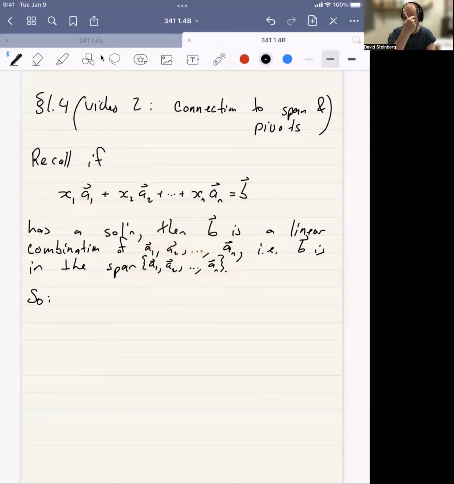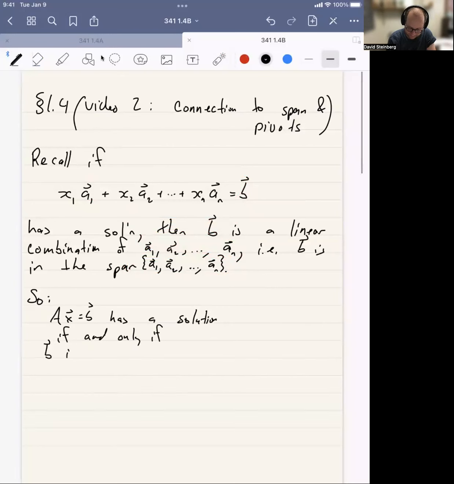Maybe an upshot to tie this into the previous video is that the matrix equation Ax equals b has a solution if and only if the vector b is in the span of the column vectors of A.